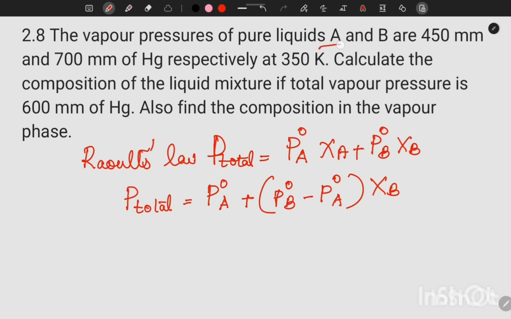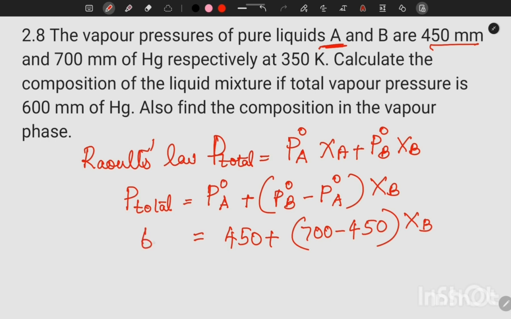The vapor pressure of pure liquid A, P0A, is 450 mm. So 450, and P0B is 700. P0A is 450 into chi B, which is equal to P total.